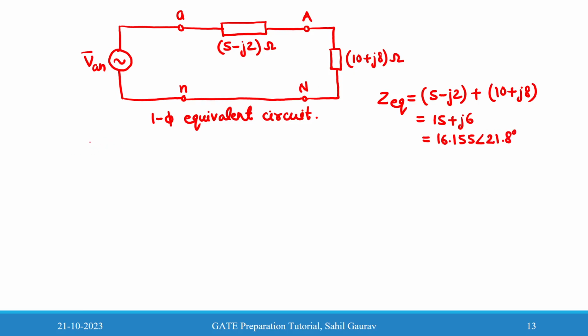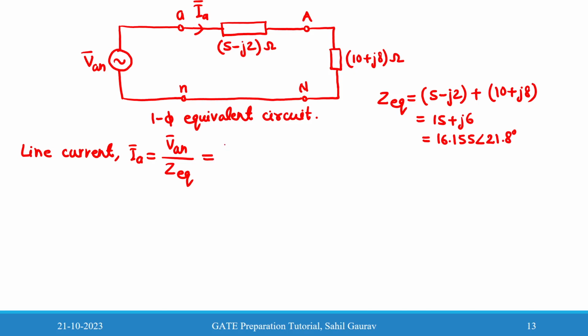Therefore, how much will the line current be? Line current IA, we need to find that only. Line current IA will be VAN divided by Z equivalent.